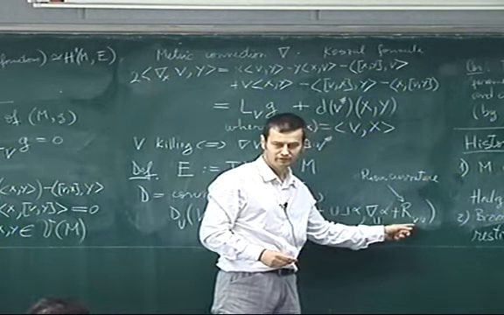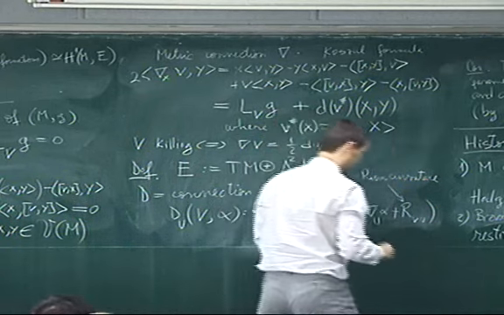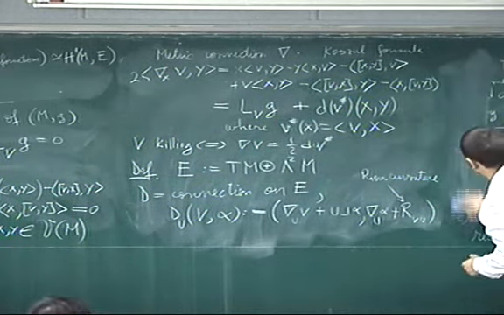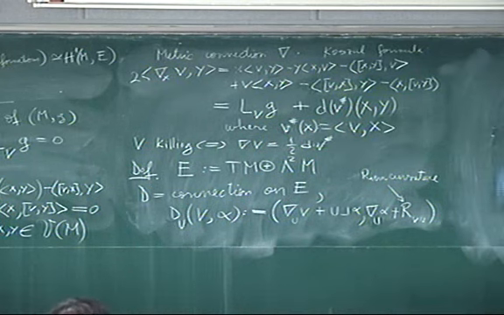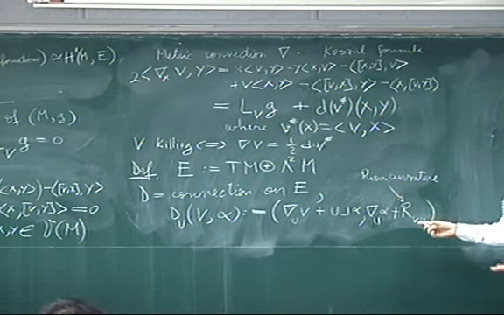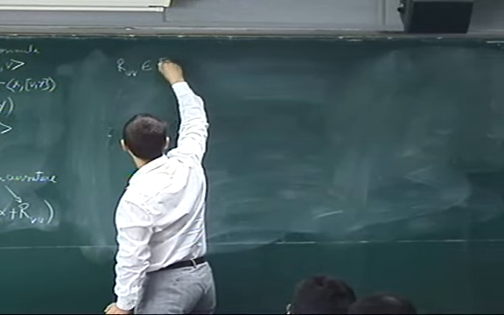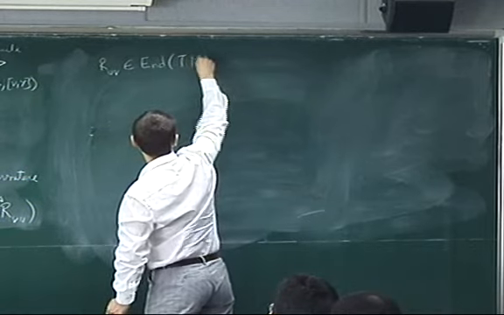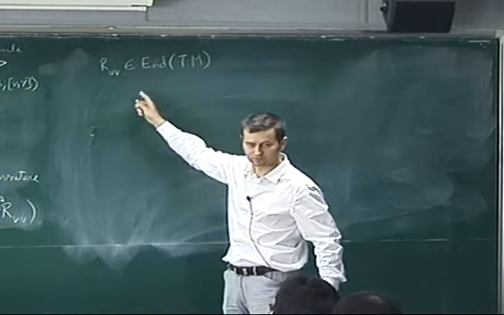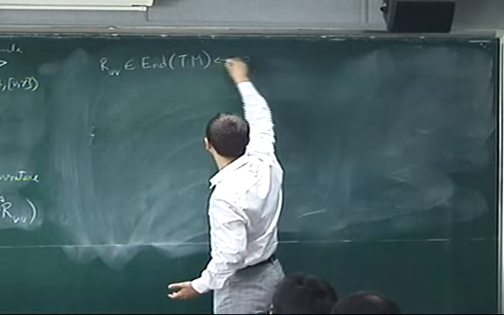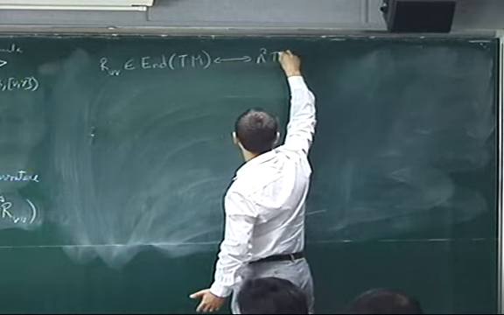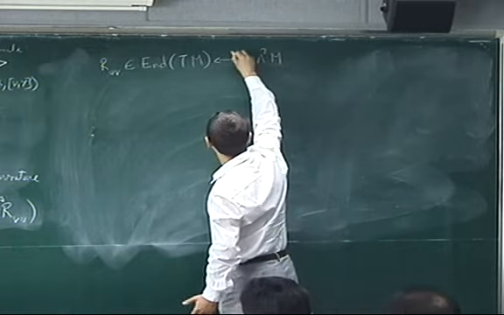So when I apply it to two vectors, it's kind of clear how to identify: R(U,V) belongs to endomorphisms of TM for each base point, but this is in one-to-one correspondence with lambda 2 of TM, lambda 2 of M, using the metric g.